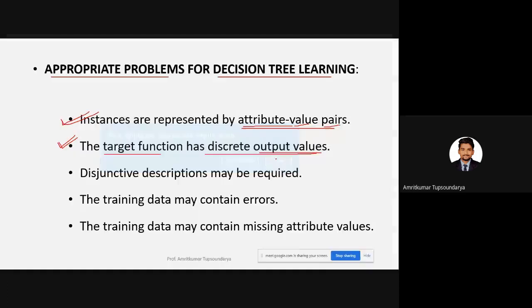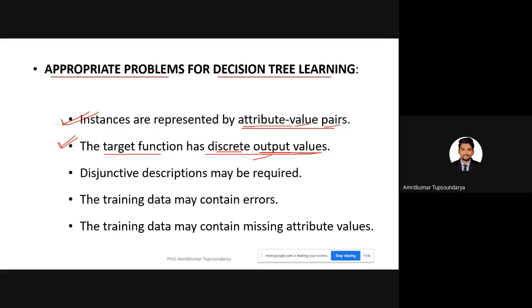Here is the main thing to be noted: it is not just the binary value or the discrete output, that is, the Boolean classification of yes or no. Decision tree methods can also be extended to learning functions with more than two possible values.